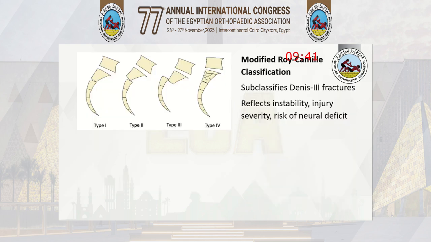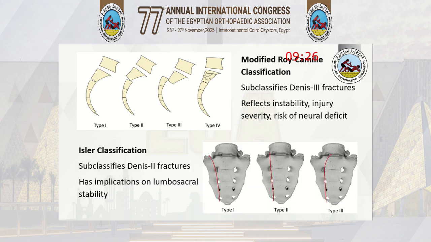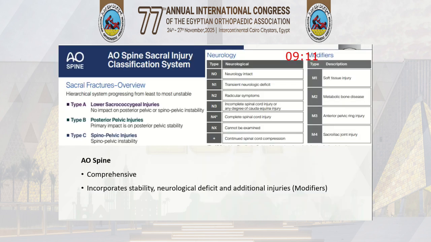The other classifications required here are the Roy-Camille classification for the spinosacral dislocations, which gives us the instability and displacements with the risks involved of neural deficit. And very importantly, the facet joint of L5-S1, the Isler classification, which denotes which fractures will come into the domain of the spinal surgeons, if I can say, and the trauma surgeons.